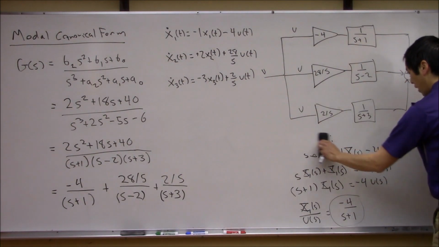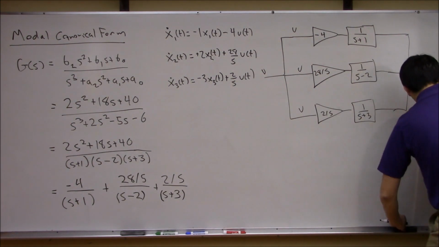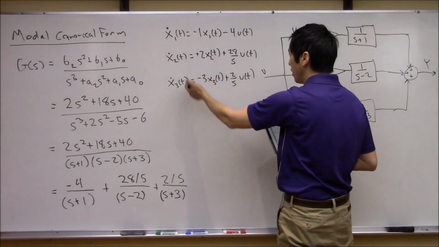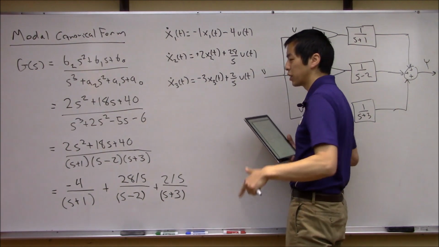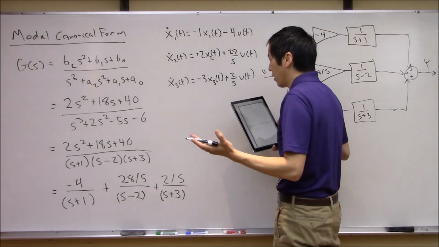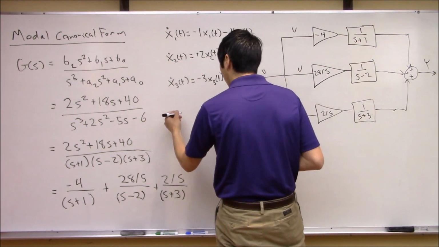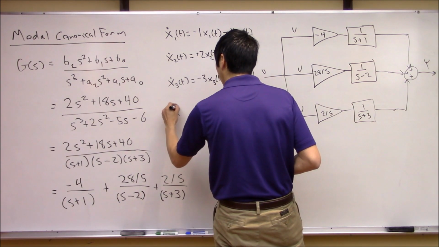Okay, so great. Now with this in mind, I think we're in a very good place, because what we can do is write these three first order differential equations in vector slash matrix form. So let's stack all these up and call this x bar dot.